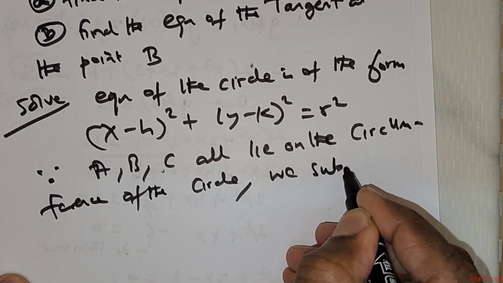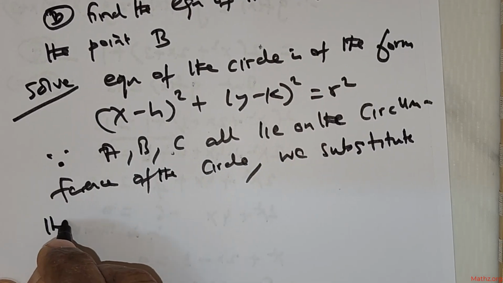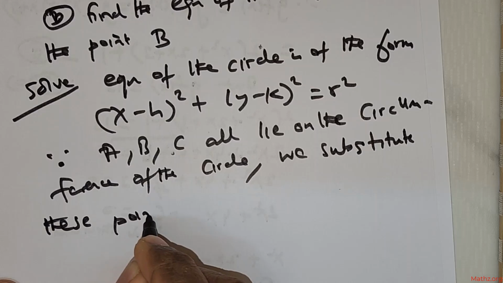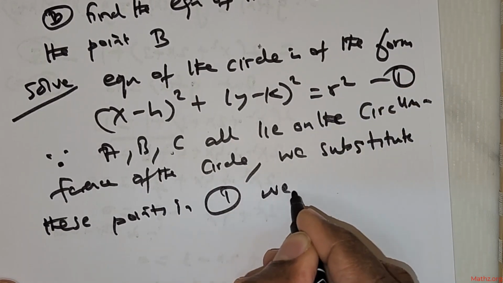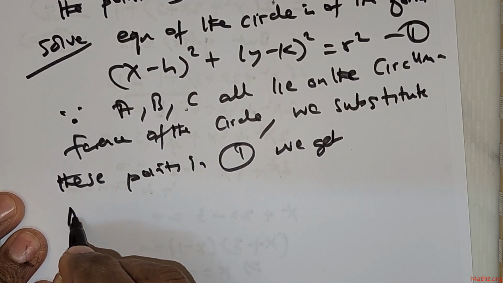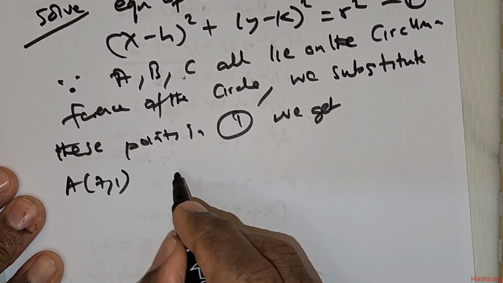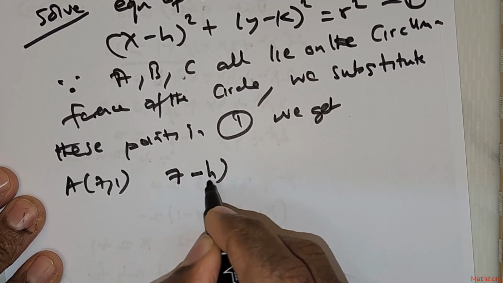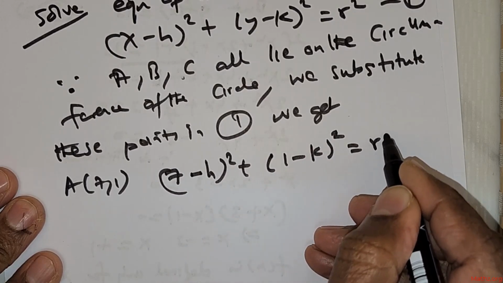we substitute these points in 1. We get, so for A(7, 1), we make the substitution, we get (7 − h)² + (1 − k)² = r².